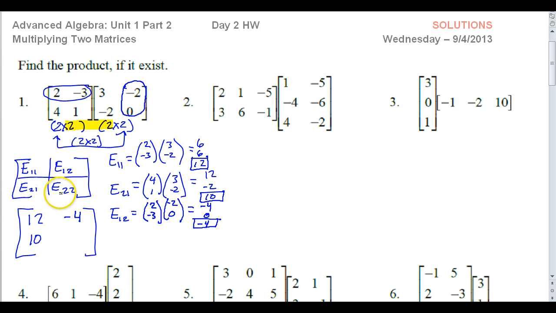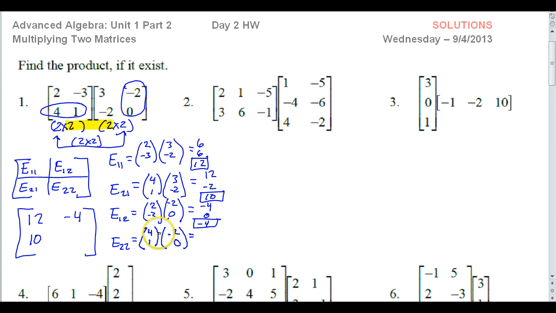And last but not least, element 2, 2. That's row 2, column 2. So I'm doing right here, row 2, column 2. That's going to be 4, 1 times the negative 2, 0.